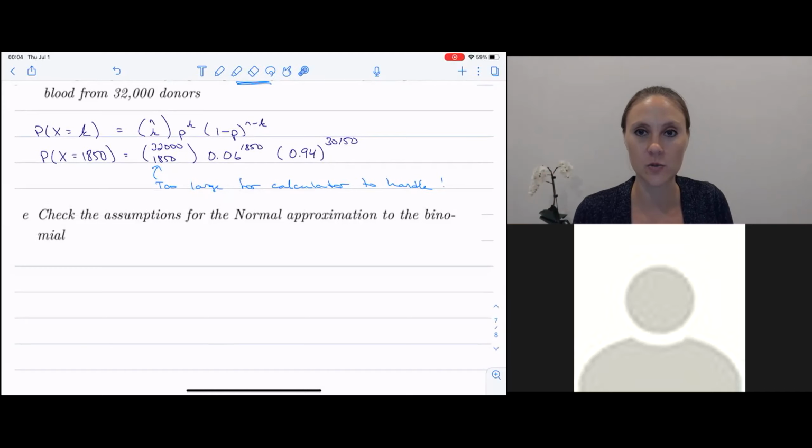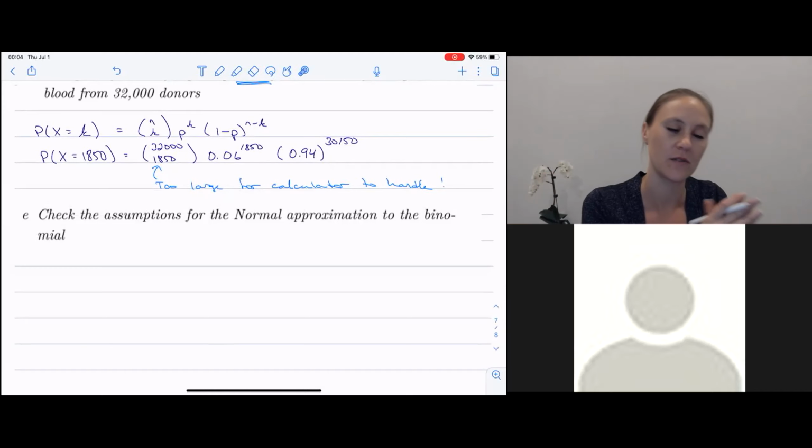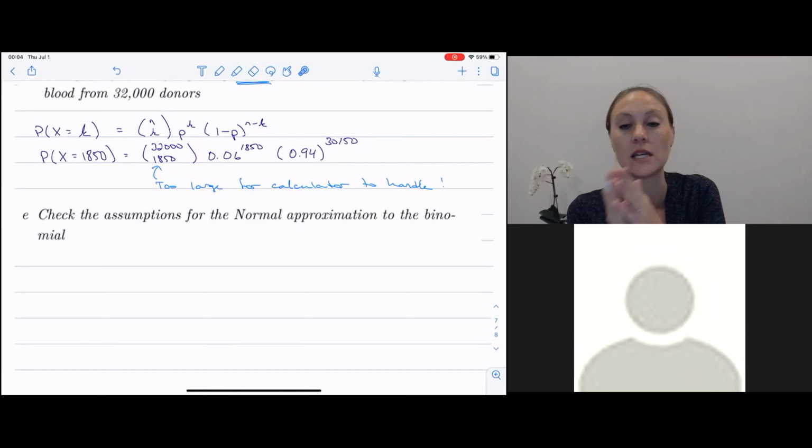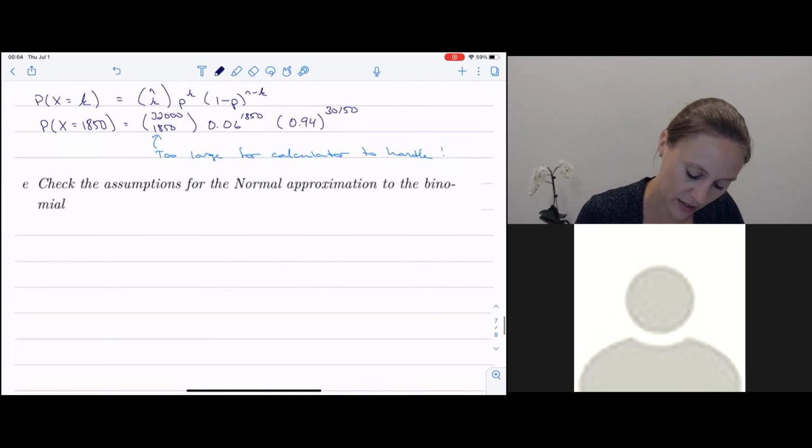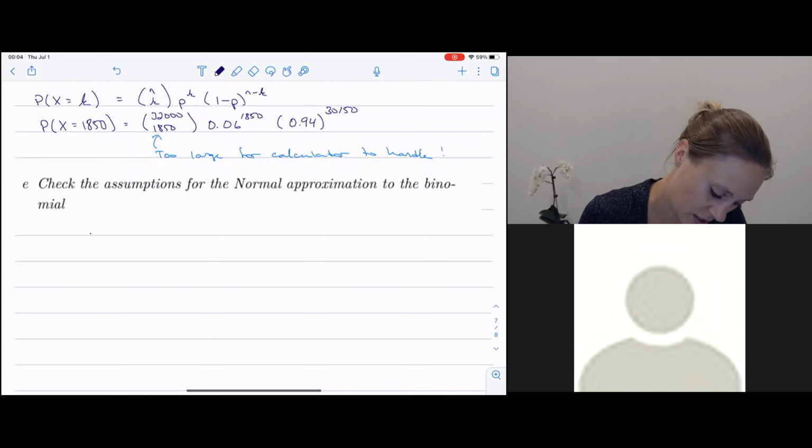And the other thing is we have to have only 2 possible outcomes. And we have established that O negative is a success and not O negative is a failure.